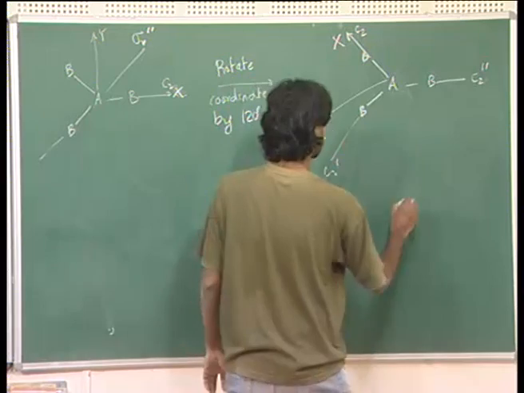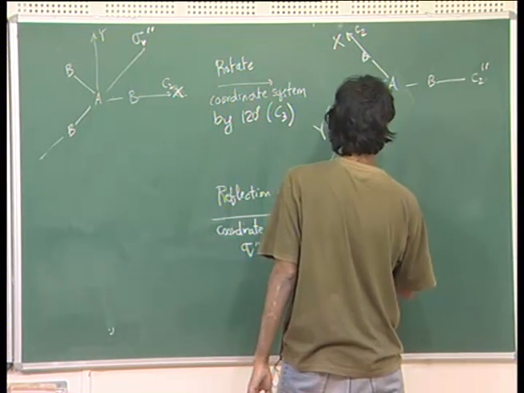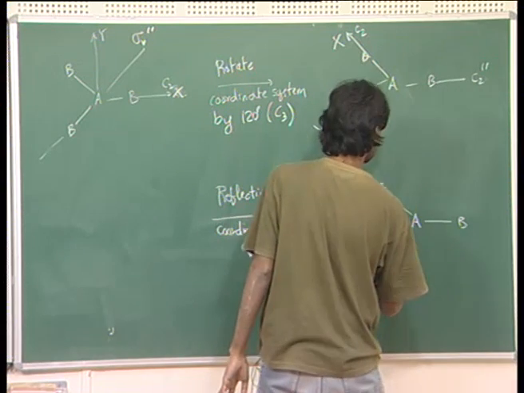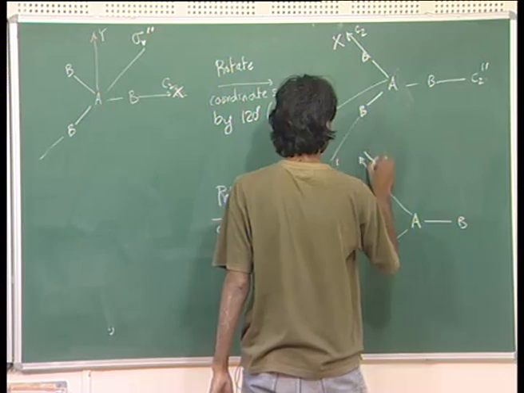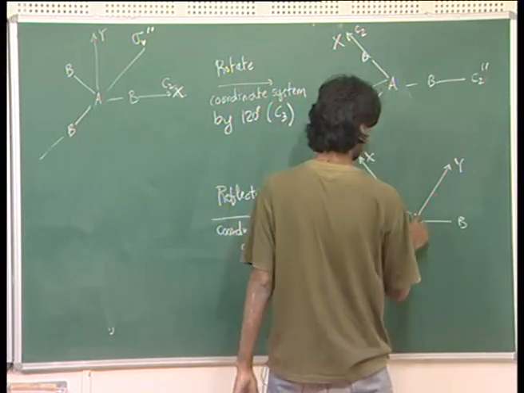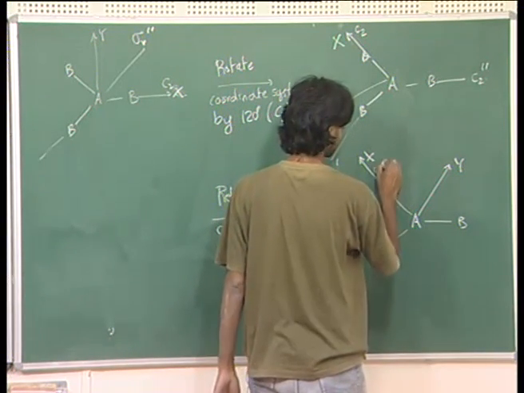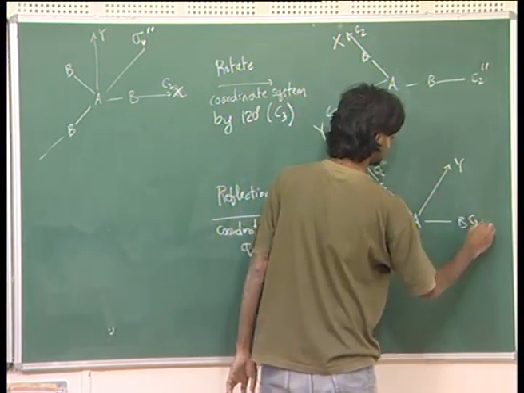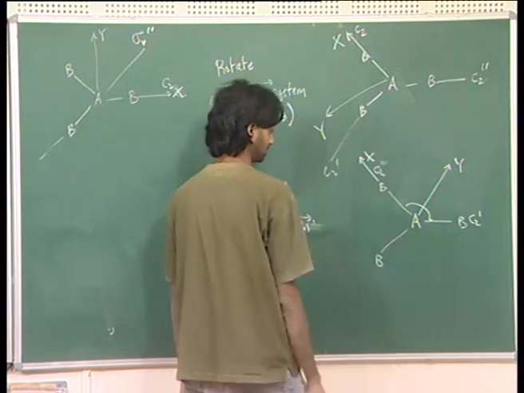What I would have done is I would have had an A, and the x axis would point in this direction, the y axis would point in this direction, and the z axis would be here. And now this is my C2, this is my C2 prime. So it is 120 degrees to the x axis, this is C2 double prime.